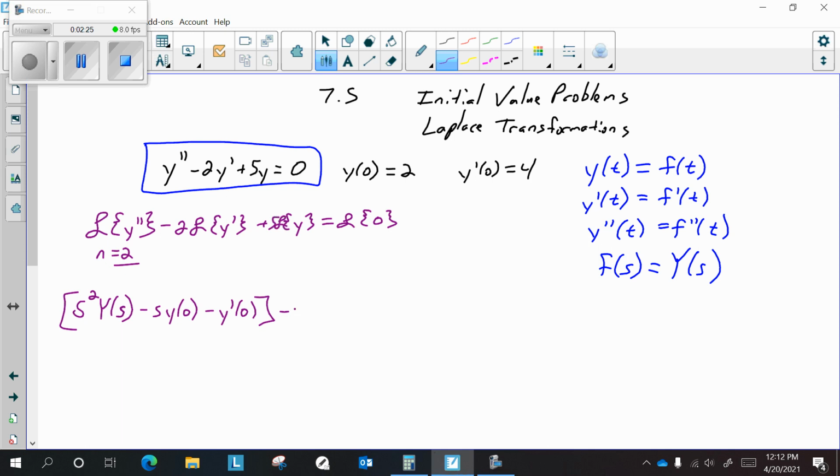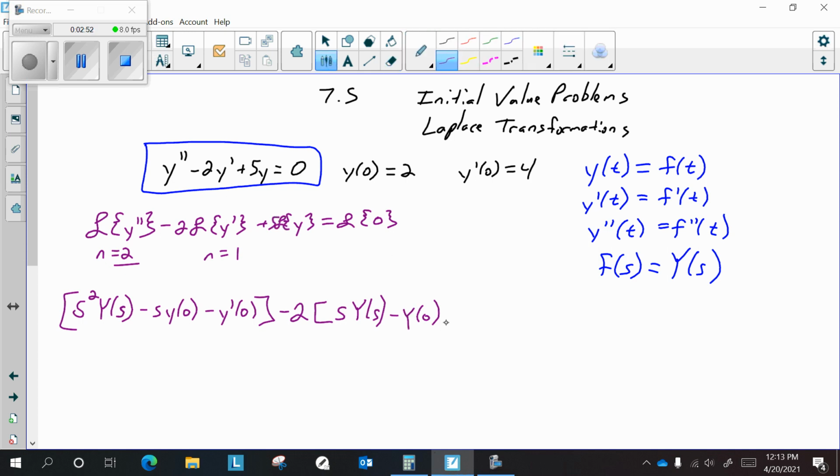So that's our first transform, and then it's 2 times the transform of y prime. So in this case, n is 1. So this is s to the first, big Y of s, minus y of 0. So s to the first, no s's, y transformed, and then y of 0.